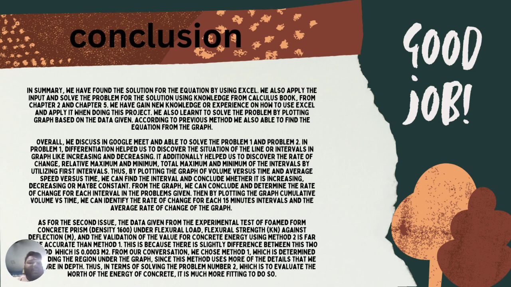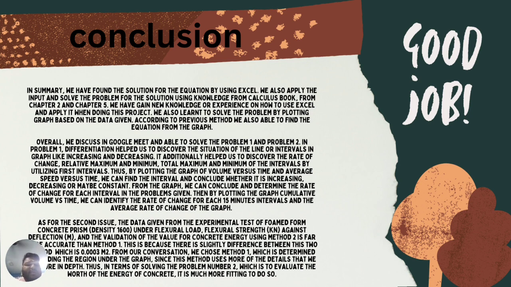As for the second issue, the data given from the experimental test of foam concrete prism density 1600 under flexural load is flexural strength in kilonewtons against deflection in millimeters. The validation of the value for concrete energy using method 2 is far more accurate than method 1, because there is only a slight difference between these two methods, which is 0.0003 square meters.